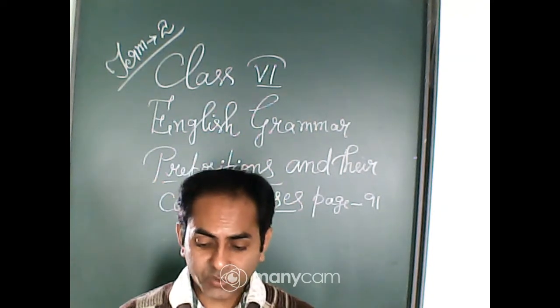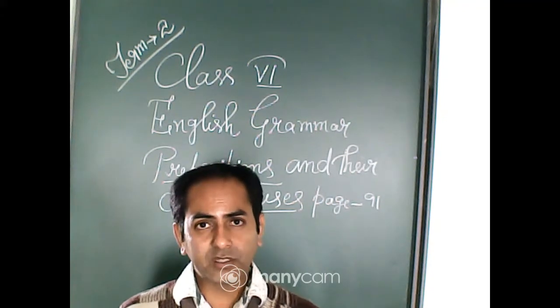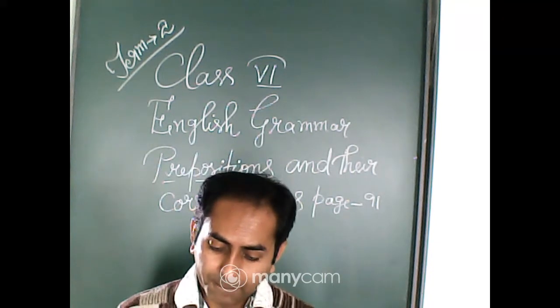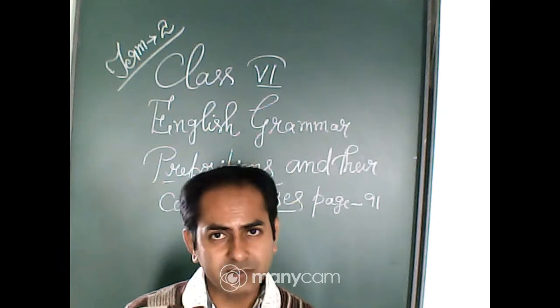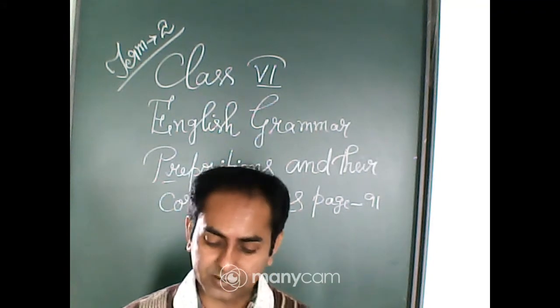So at is used for this definite place Mathura, and in is used for the whole state UP. My aunt lives at Toronto in Canada. Same thing: Canada is a big place, and there a definite place, Toronto, is where my aunt lives.